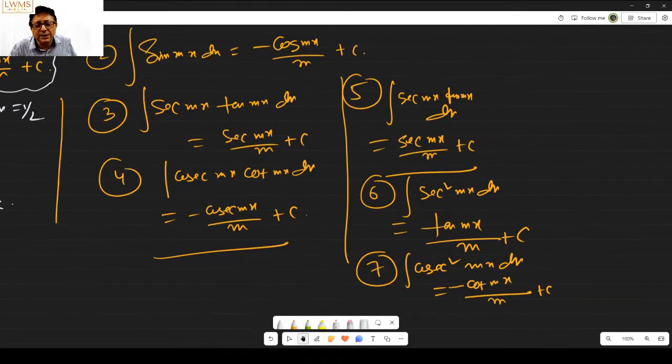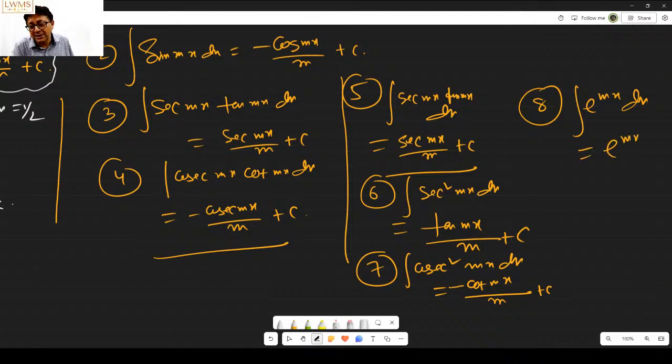Two more formulas need to be modified. That is number 8, e to the power mx. Now you have the idea. You simply write e to the power mx by m plus c. What about a to the power mx?